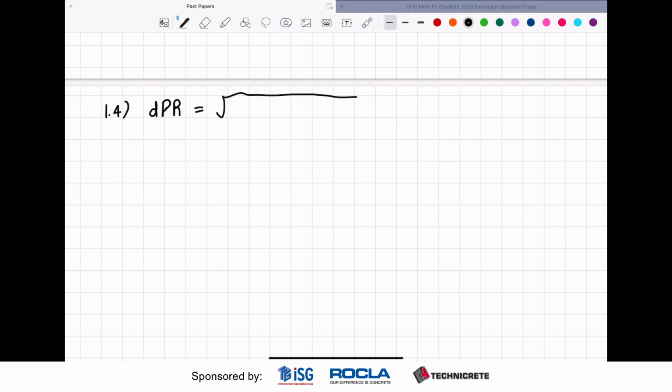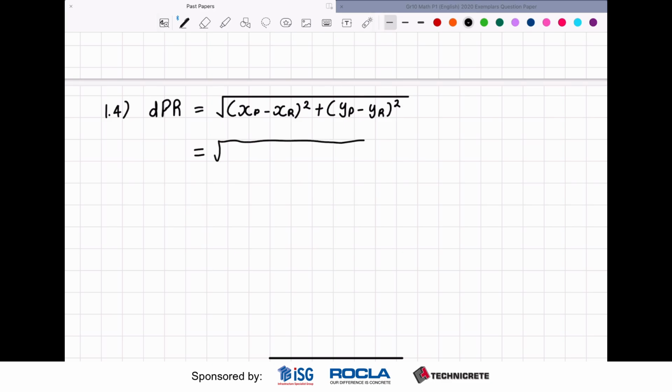So this is going to be equal to the square root of x of P minus x of R all squared plus y of P minus y of R all squared. And I'm going to substitute in the values. So the x value of P is 3, and of R we found to be 8. And then the y values, and R was 0.